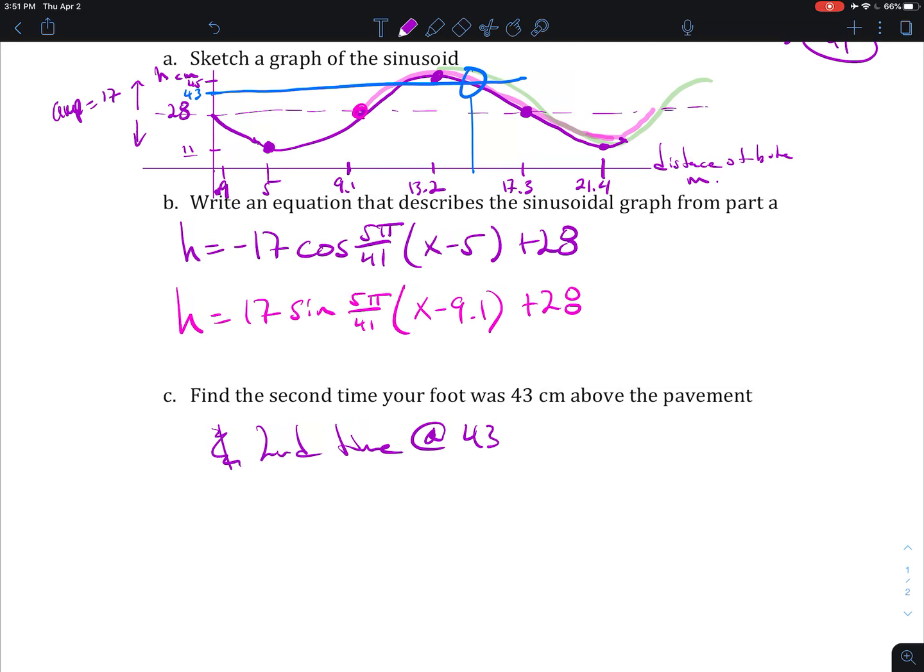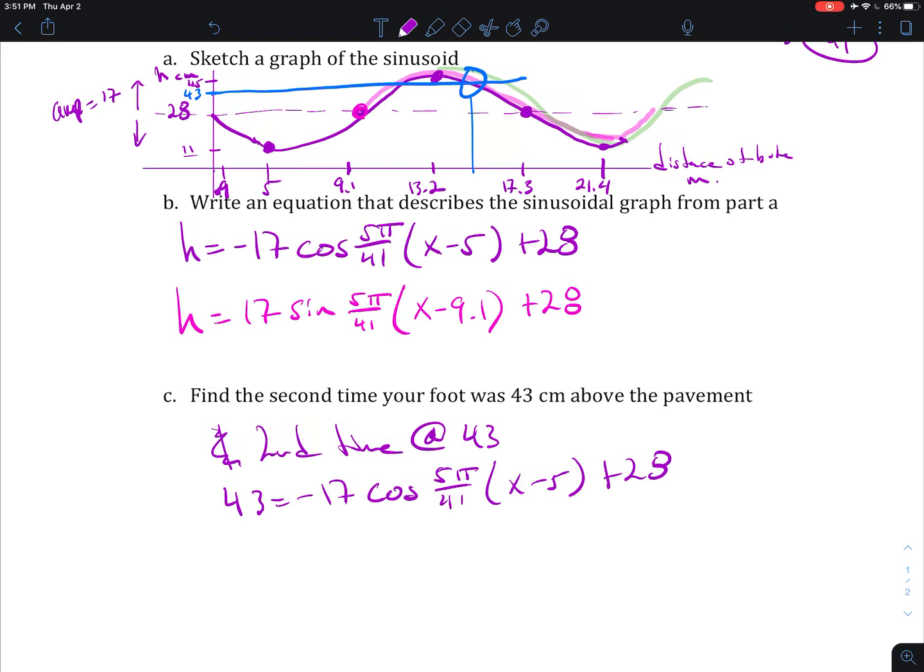And we have our equation. I'll stick with the purple one, that h equals negative 17 cosine 5 pi over 41 x minus 5 plus 28. And so I want to find where the height is 43. Again, algebraically, you could give this a shot and punch it into your calculator.